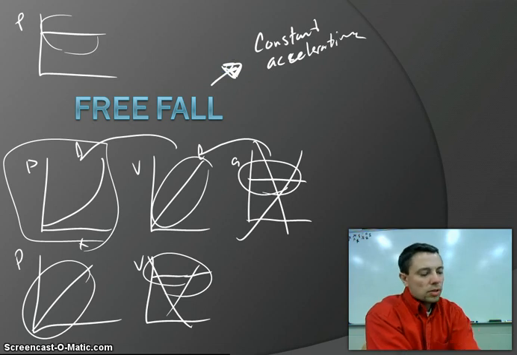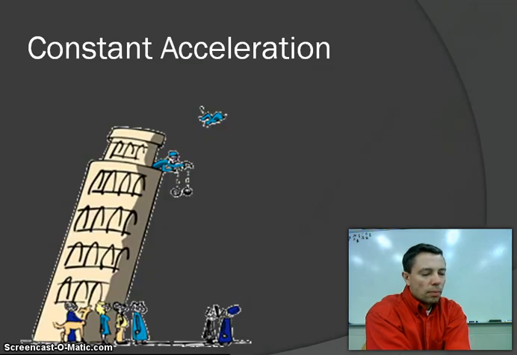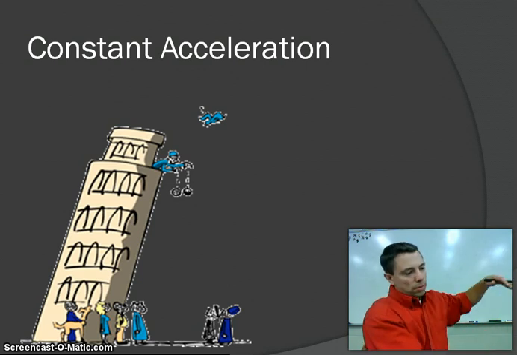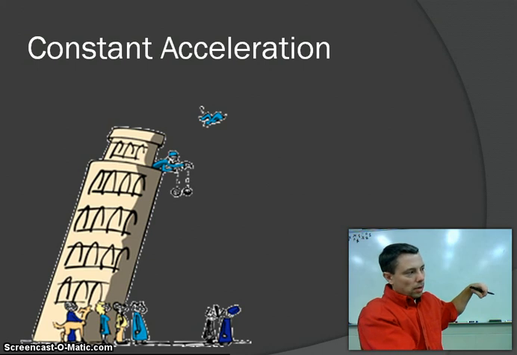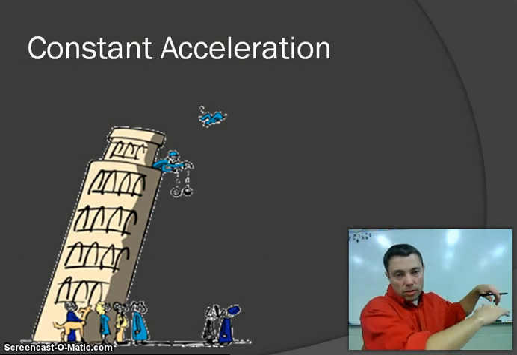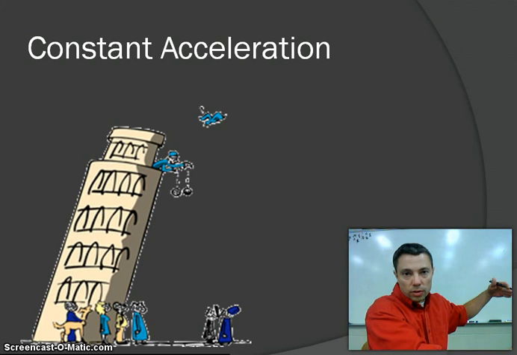We're going to start out by talking a little bit about this whole constant acceleration. You may remember that when we were collecting data with our car on a ramp, the car went down and we saw the kind of curve we expected to see, which shows that there's some form of acceleration there, and it's a constant acceleration.